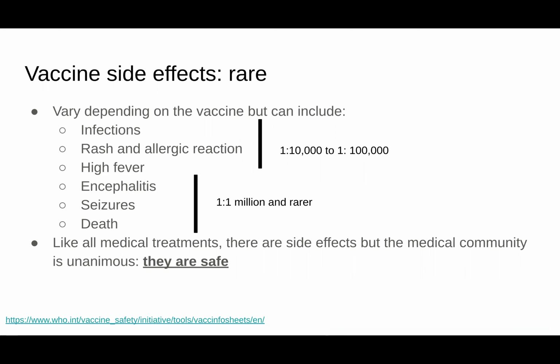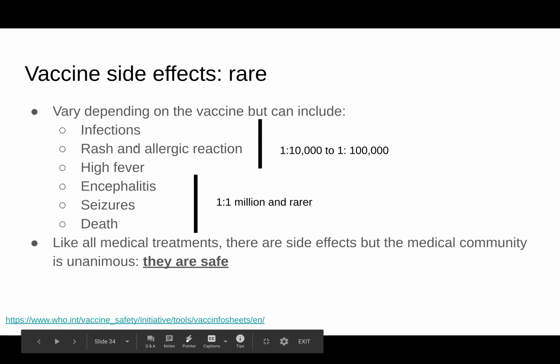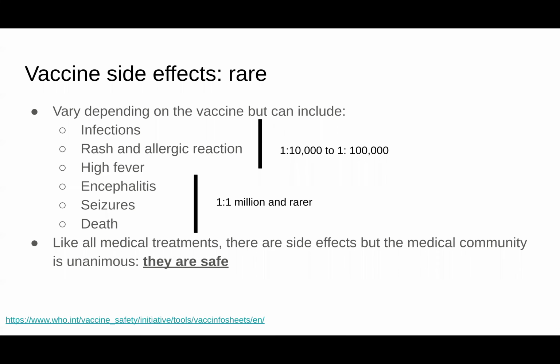And so some of the side effects that we see include infections, rash and allergic reaction, as well as high fever. So these happen about 1 in every 10,000 to 1 in every 100,000 people. So those, infections and rashes and high fever, are not particularly damning, but of concern.